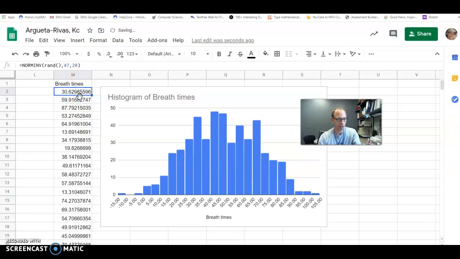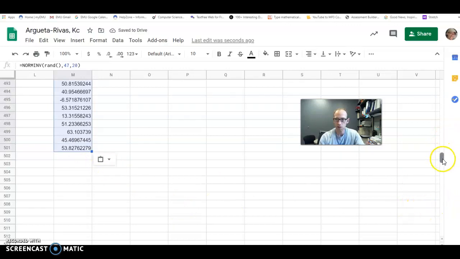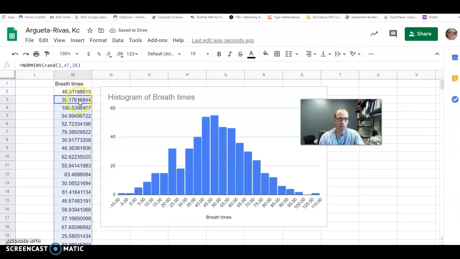And then I'm just going to apply this formula to the entire column. You can see we're down to 500 and there we go, 500 rows of data and one header. So now we have this simulated data, and if we wanted to figure out what portion of these numbers are over 60, so we have 500 different simulated breath times here, what portion are over 60 seconds, and is this close at all to the answer we just got?